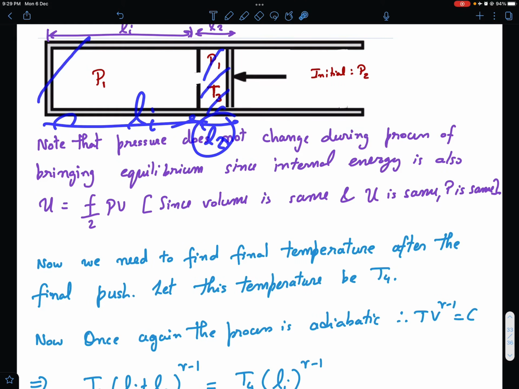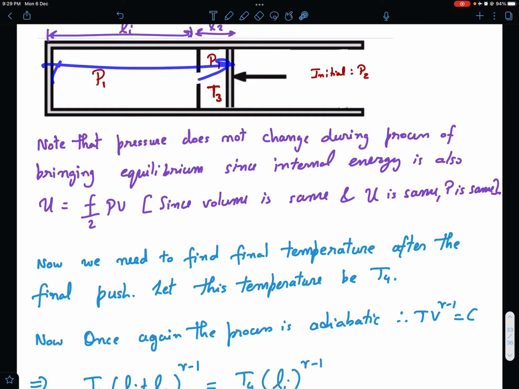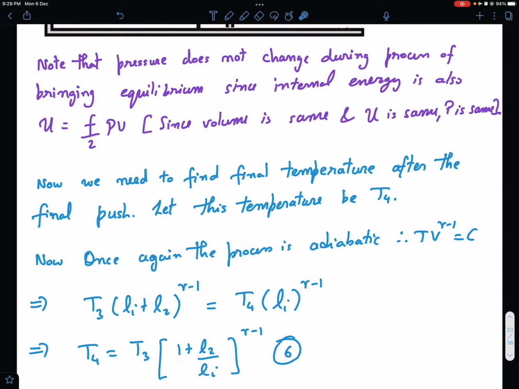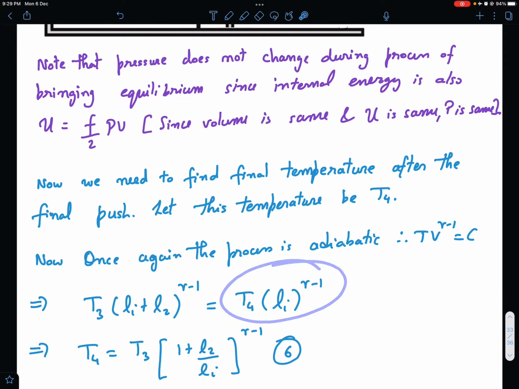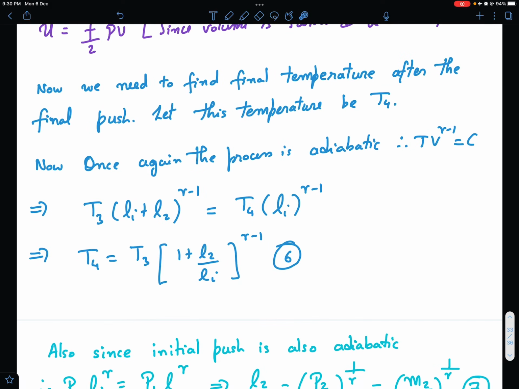So this volume is proportional to L2, this volume is proportional to Li, and the entire volume is proportional to Li plus L2. So T3 into (Li plus L2) to the power gamma minus 1 is equal to T4 into Li to the power gamma minus 1. That gives T4 equal to T3 into (1 plus L2 by Li) to the power gamma minus 1.